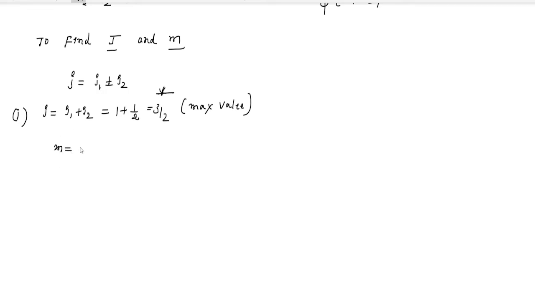Then what is the m value here? 2j plus 1. So j is equal to 3 by 2. Therefore 2 into 3 divided by 2 plus 1 equals 4 values.